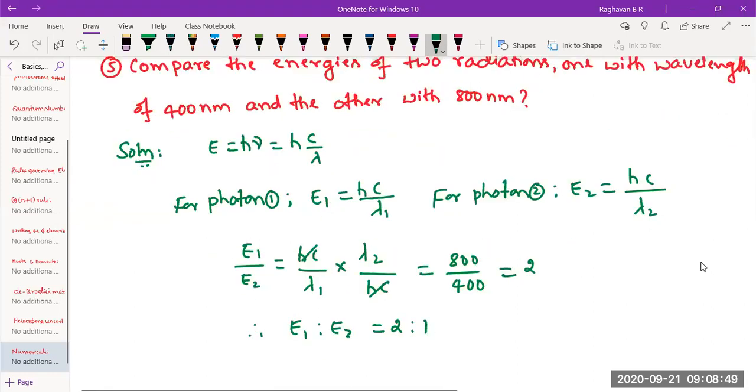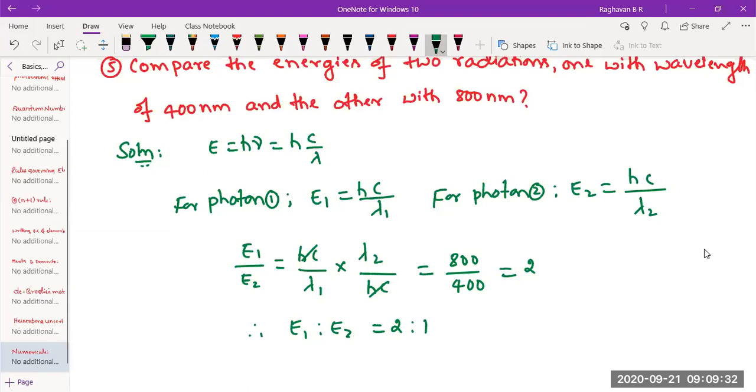We have written the energy expression, taken the ratio. Let me know if it is complete.